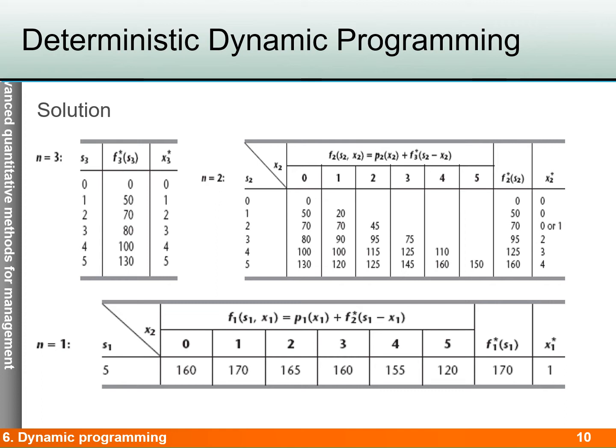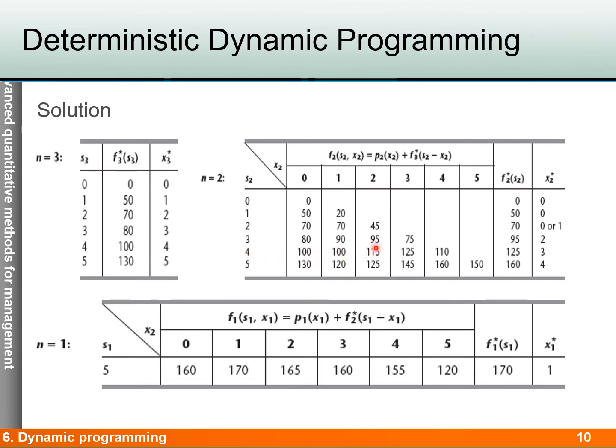When 4 elements remain available for me, it means allocation 0 or 1 or 2 or 3 or 4. So as an example, this 115, it means that 4 elements remain for me.